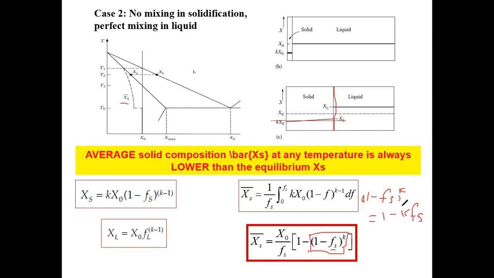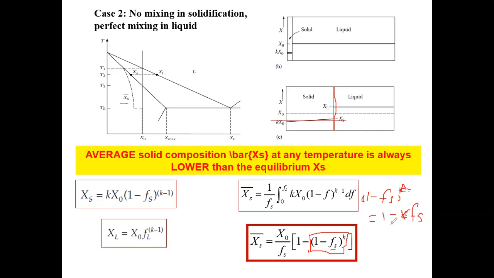If you don't believe me, you can plug in k equals 2, and you see that this is going to be 1 minus 2fs plus fs squared, but fs squared is a higher order term. You can check this for any k, not just integers, but also fractions. Basically you get 1 minus k times fs. This is a first order approximation.